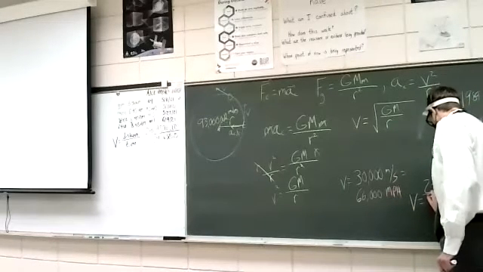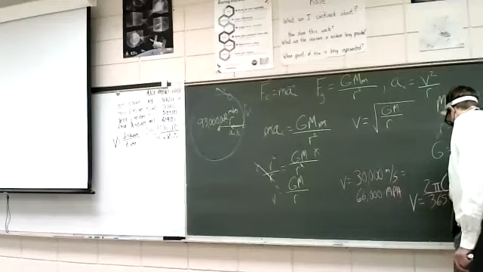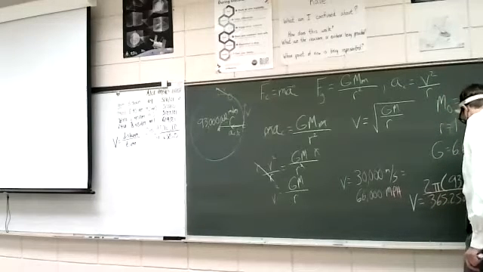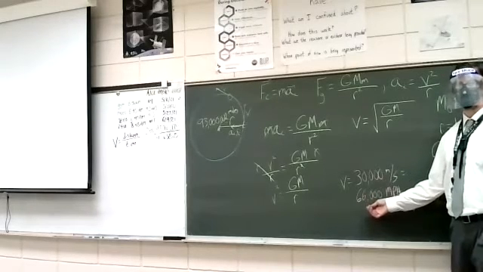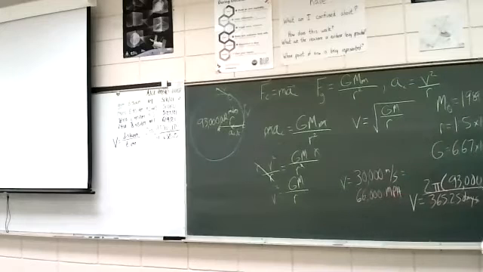So we have 1 year, which is 365.25 days, times 24 hours per day, and then days cancels, leaving miles per hour. Okay. And then what do you all get for that? I think it rounds up to 67,000, like 66,000.